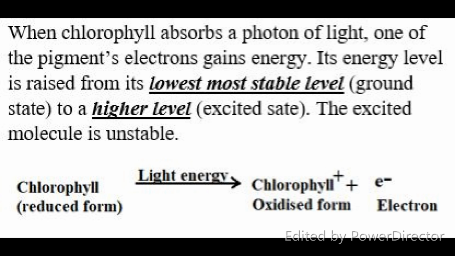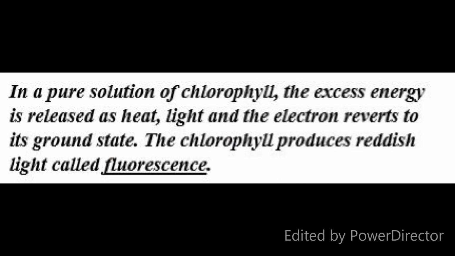Chlorophyll that absorbs light is ionized into chlorophyll plus and releases an electron. In a pure solution of chlorophyll, the excess energy is released as heat and light, and the electron reverts to its ground state. The chlorophyll produces reddish light called fluorescence.